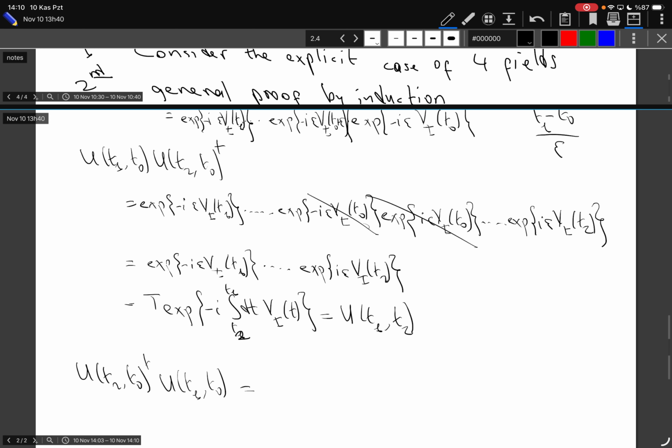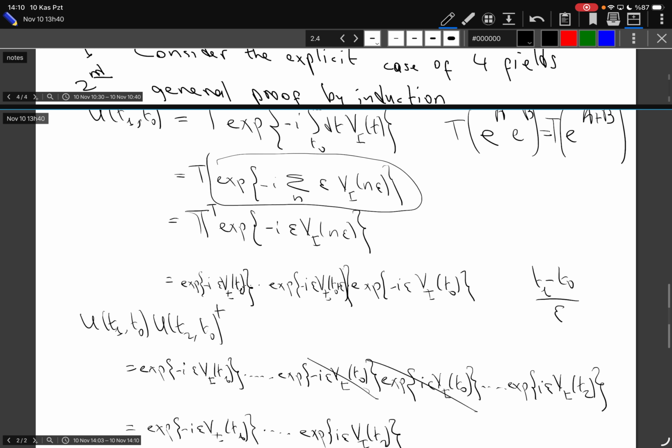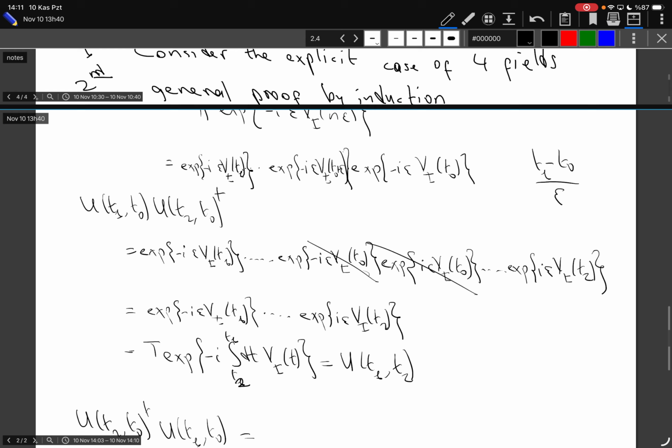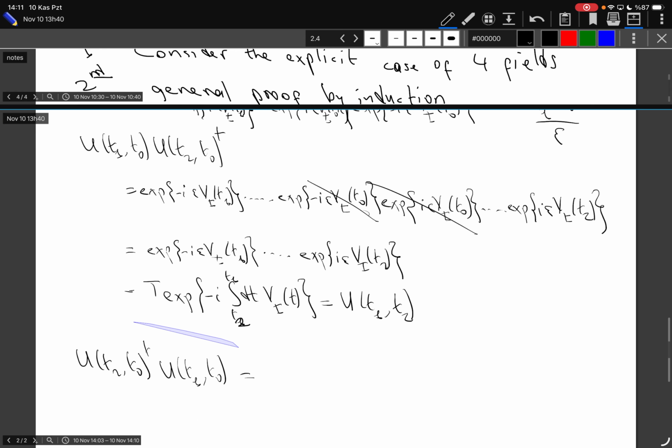You see, if potentials were just commuting with each other, I wouldn't need to have this T over there, for example. I wouldn't need to worry about time ordering. Everything would be just ordinary exponentials, and I would be able to simplify this also. But since I don't have commuting potentials at different times, I have to be careful.